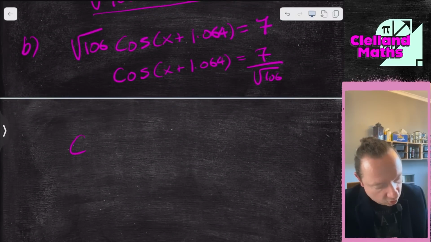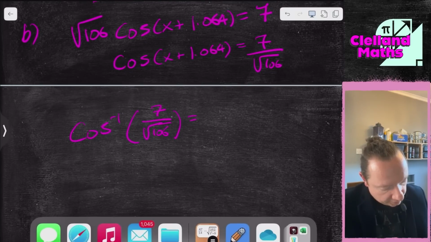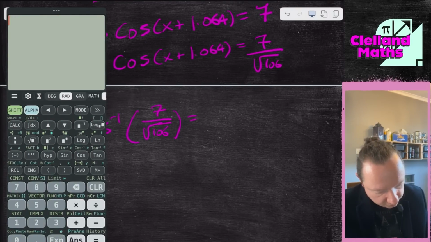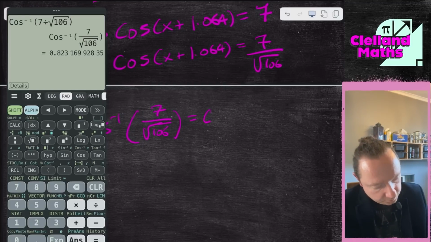And now do my inverse cos of 7 over root 106. As if it just says x, really. So again, make sure my calculator's in radians. Shift cos 7 over root 106 is 0.823.